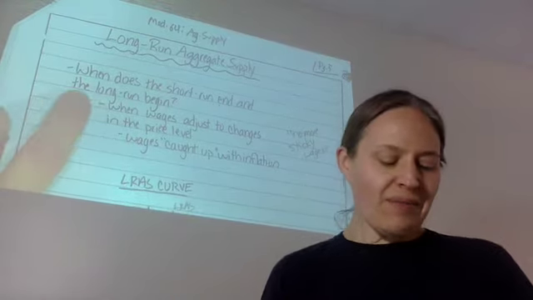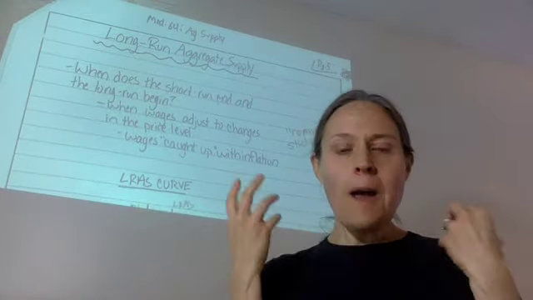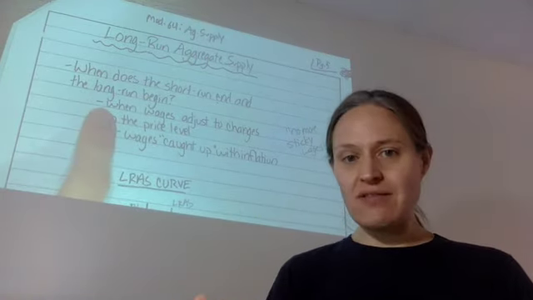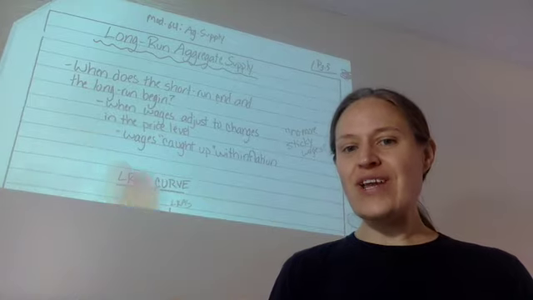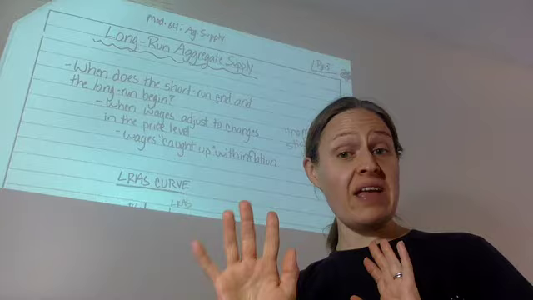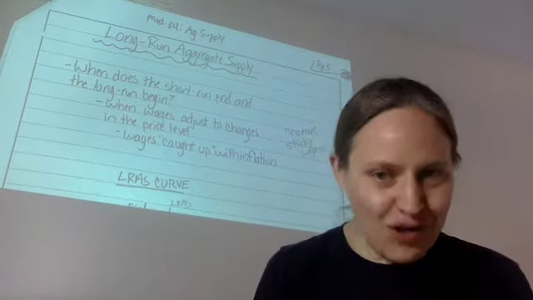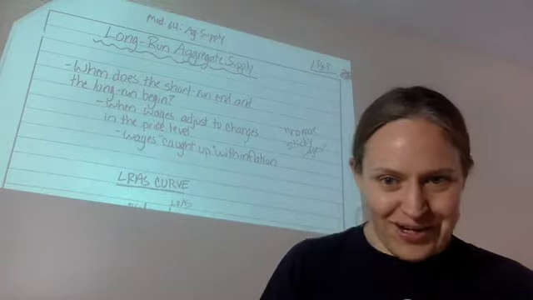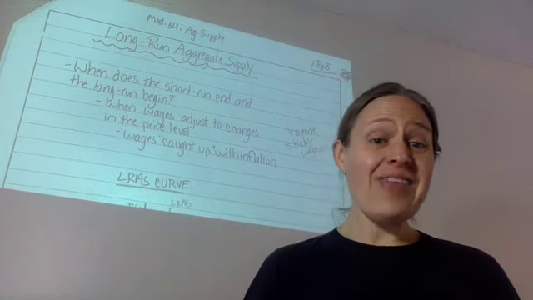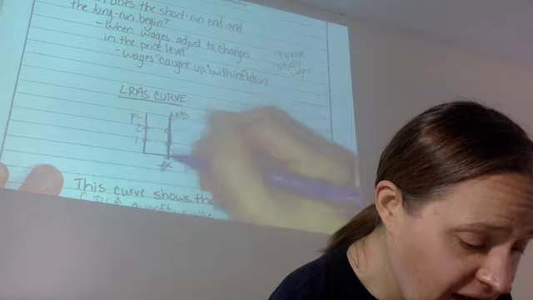I told you at the beginning of this lecture, you can think of it like before a year and after a year, but the actual answer is when wages adjust to changes in the price level, when wages catch up with inflation, when the workers and their bosses come to those agreements, when the workers can go through that process of saying, you're selling your products for more, there's inflation, I deserve more wages. And when that whole process is done, then the long-run aggregate supply curve is actually just a vertical line.